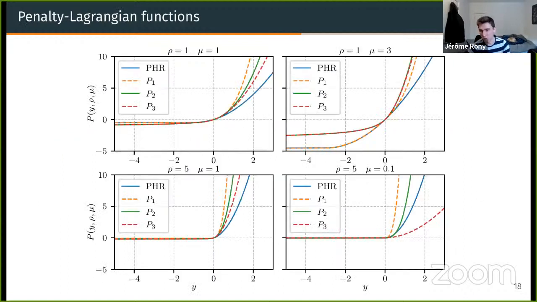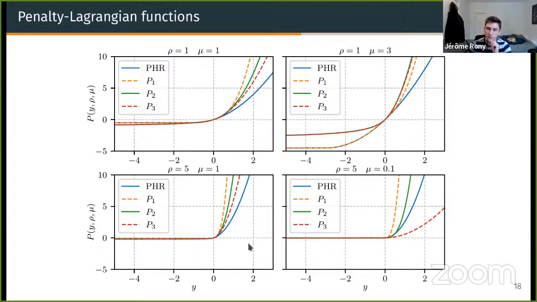But if I show you these plots, these are 4 very common choices of penalty functions for augmented Lagrangian methods for inequality constraints. The most famous one is PHR. Basically, all these functions have the same kind of shape. They are increasing, and their derivative at 0 is mu. So if you increase mu, you get a higher derivative at 0.